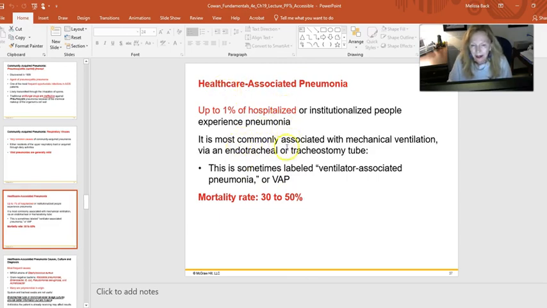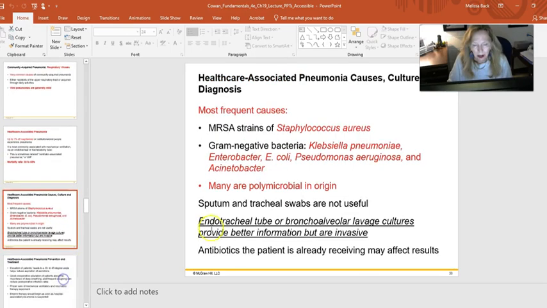And then because of ventilation, being trached, or some sort of reason that they have now picked up a secondary pneumonia, the most frequent causes are going to be bacterial, and sometimes it's polymicrobial, meaning more than one of them.